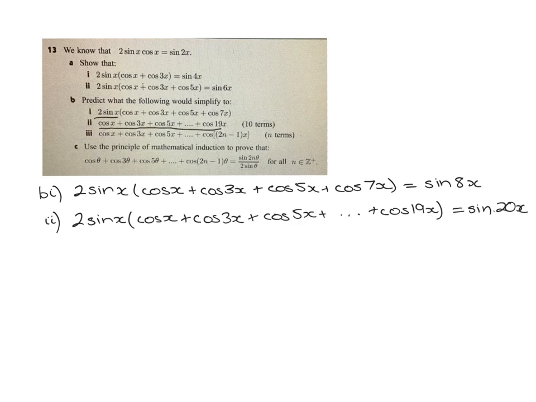Now, the one above had 2 sine x in it. Everything else we've looked at has had 2 sine x, so we could do that. So what's BII actually equal to? Sine 20x divided by 2 sine x. Perfect. Sine 20x divided by 2 sine x.